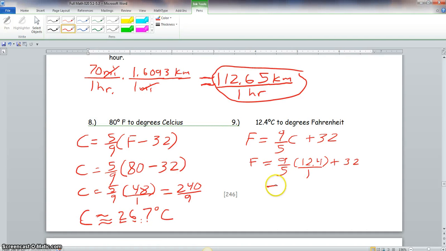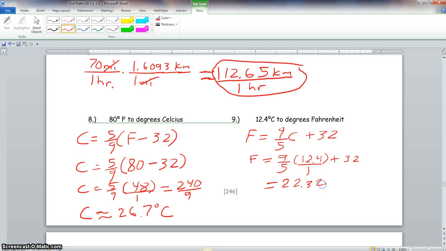So again, that would be 22.32 plus 32. So we would have our Fahrenheit is equal to, we add 22.32 plus 32, will give us 54.32 degrees Fahrenheit.